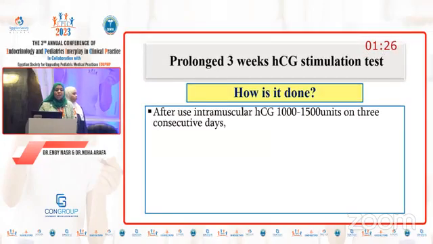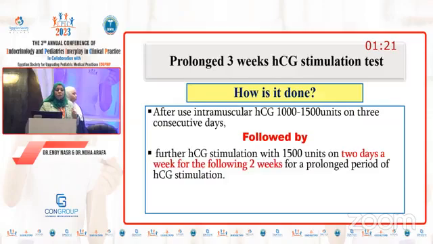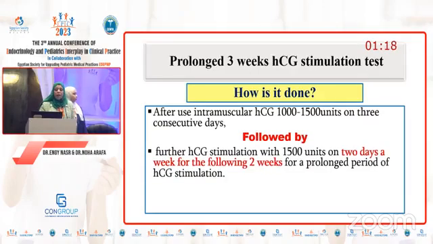How is it done? As usual, we followed this stimulation by 1,500 units on 2 days per week for the following 2 weeks for a prolonged period of HCG stimulation. And the sample is on day 22.